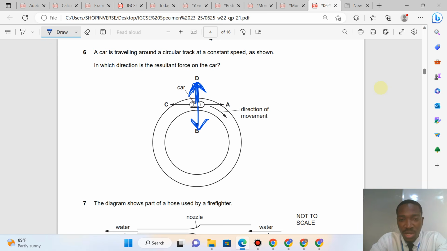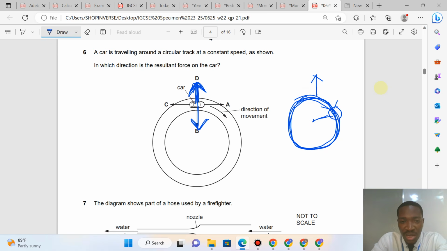You get it? When an object is moving around a circular path, there will be an outward force that tends to throw it outside the circular path. But to maintain it moving around the circular path, an inward force is needed. That force is usually produced by what holds the object. If it was a stone tied to a string, the inward force will be produced by the string.